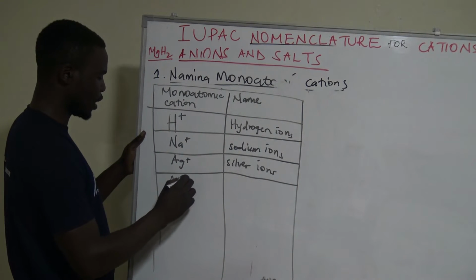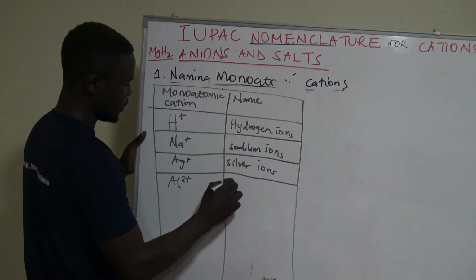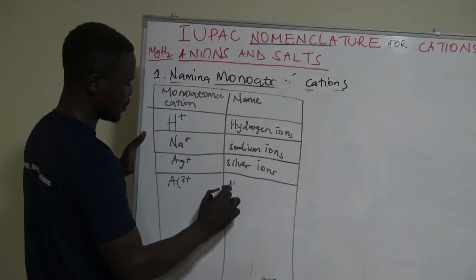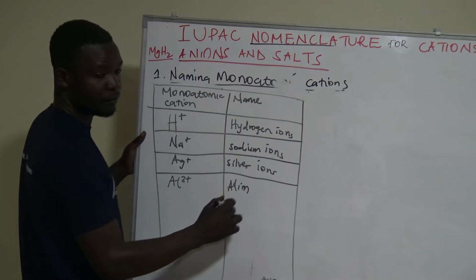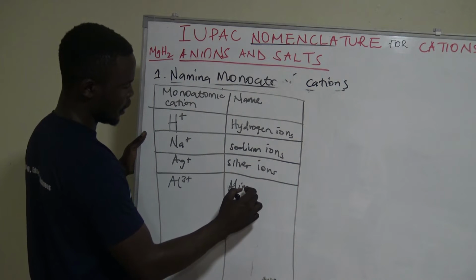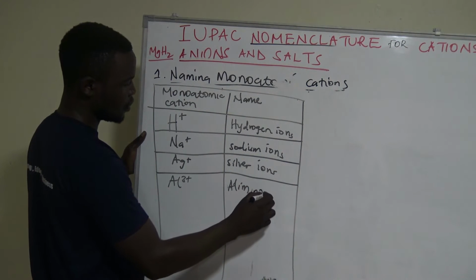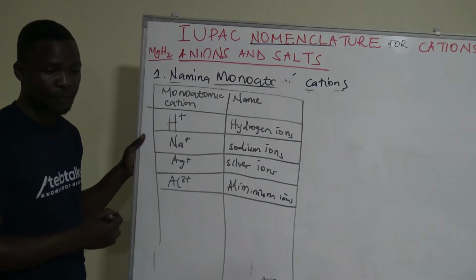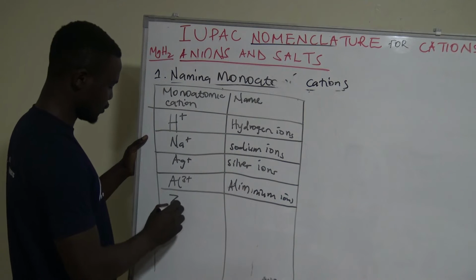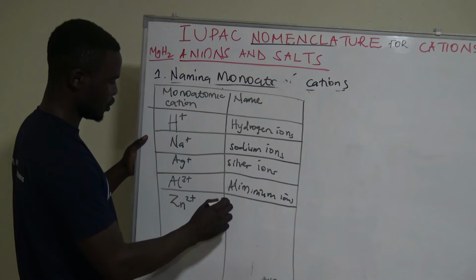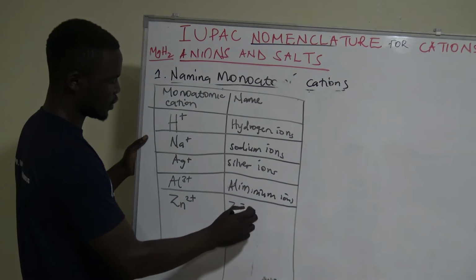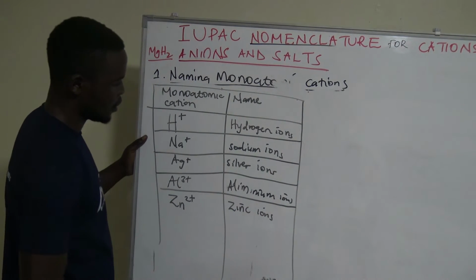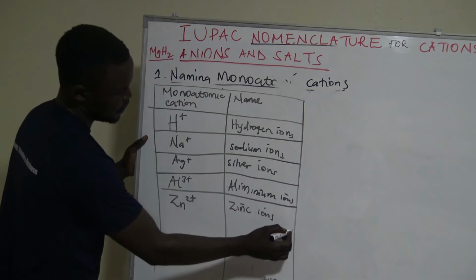If we go to aluminium, valency 3, but we know that aluminium exhibits only one valency, so this becomes aluminium ions. We look at an example like zinc. This one we shall call zinc ions.